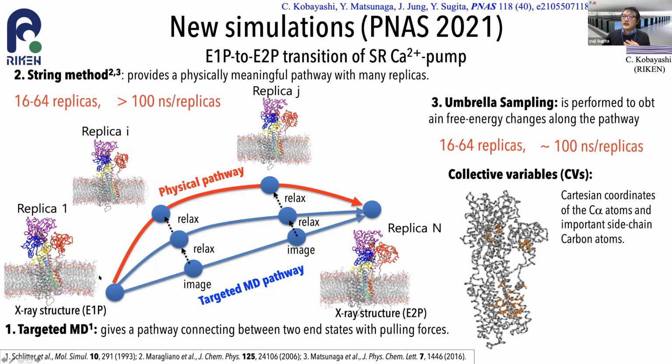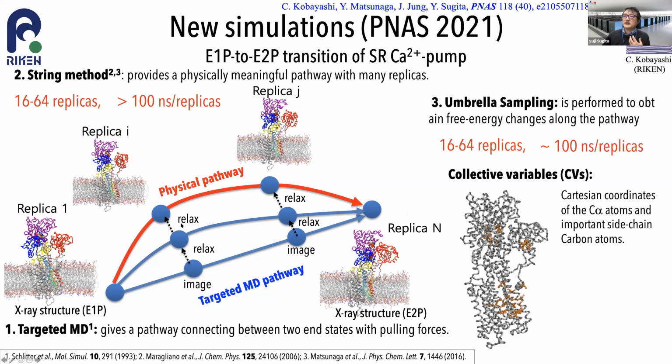With an algorithm called the string method, she can optimize the images, starting from a straight line pathway and relaxing the pathway, and finally a physically meaningful pathway is obtained.